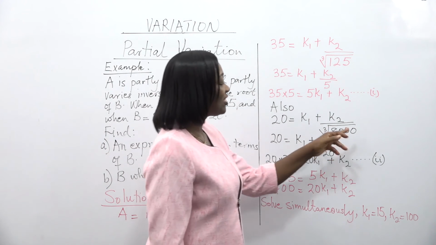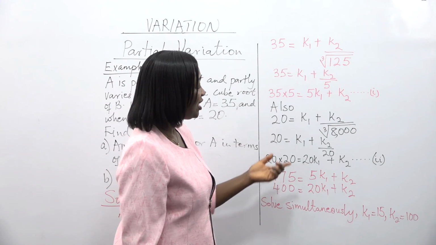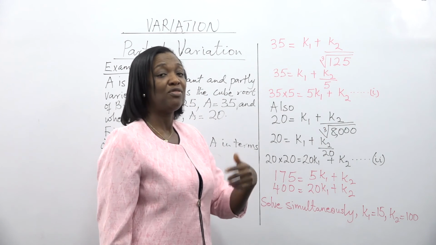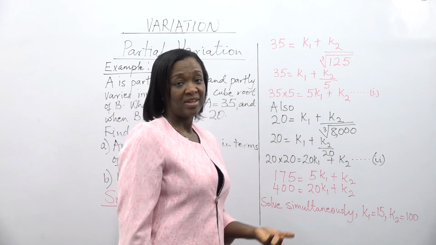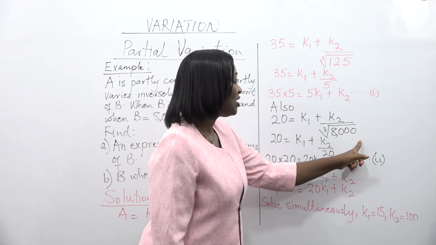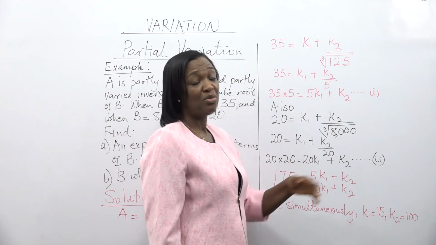And the cube root of 8,000 is 20, because the cube root of 8 is 2, 2 times 2 times 2 will give you 8. And the cube root of 1,000 is 10, 10 times 10 times 10. So cube root of 8,000 is 2 times 10, which is 20. You can actually do that mentally without a calculator.